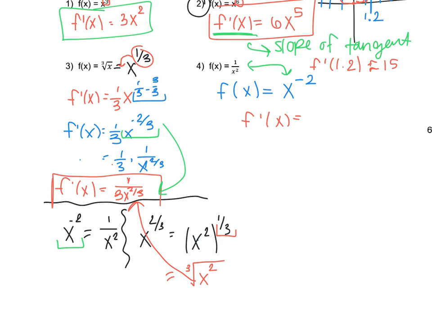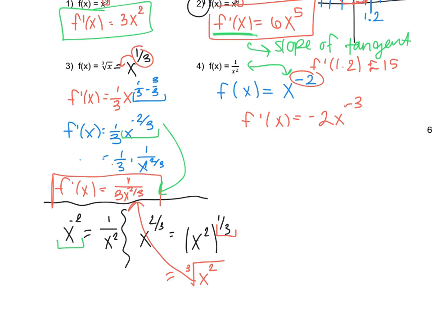So we take the power of negative 2 down front, and then we subtract 1. It was negative 2, we subtract 1 from that, and now it's negative 3. So our derivative is negative 2x to the negative 3, but we shouldn't have any negative exponents in our final answer. So we rewrite it as a fraction.